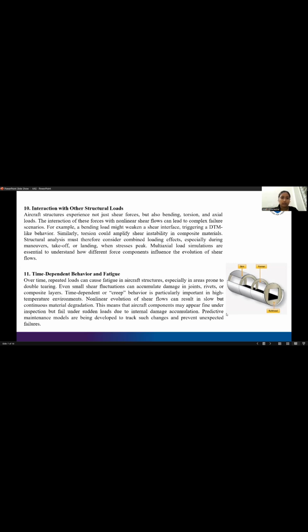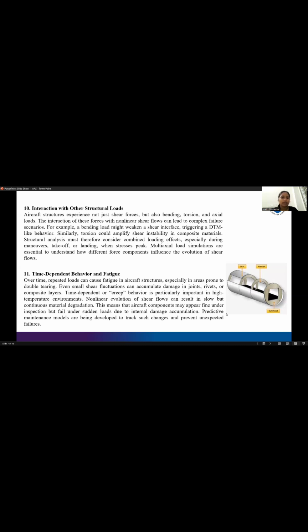Similarly, torsion could amplify shear instability in composite materials. Structural analysts may therefore consider combined loading effects, especially during maneuvers, takeoff, or landing, where stresses peak. Multi-axial load simulations are essential to understand how different force components influence the evolution of shear flow.